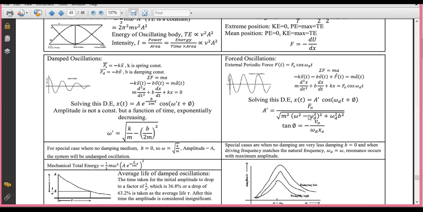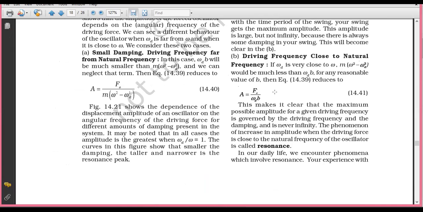Suppose if it's resonance, what will happen is this and this will cancel. So what is left is omega d square b square root. So square root and these two squares will cancel. So that's why you are getting amplitude A is equal to F naught by omega d b.